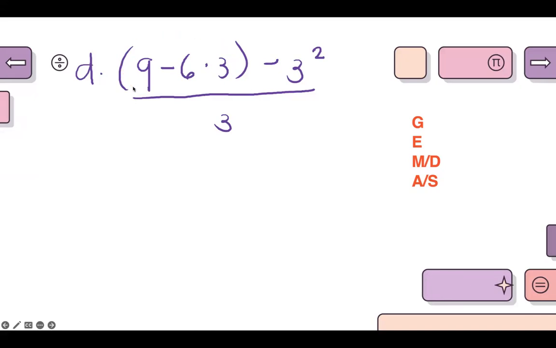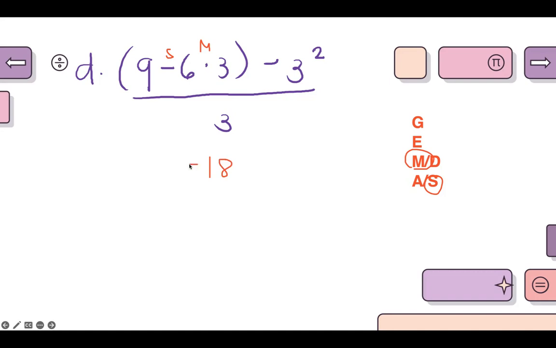So we need to follow the rule in GEMDAS. So in GEMDAS, we need to start first with multiplying before subtracting. So we have subtracting and multiplying. So we need to solve for this first. So 6 times 3, that is 18.